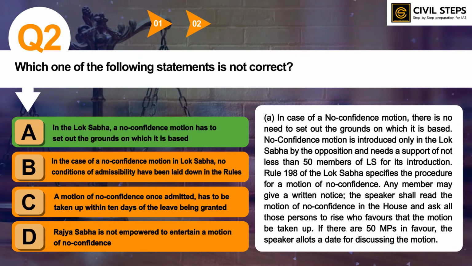So this was all about no confidence motion. You should know who can introduce the no confidence motion and what are the functions of the Speaker in that case. Can the Speaker deny their demand, or is the Speaker bound to follow their advice? You should know all about that.